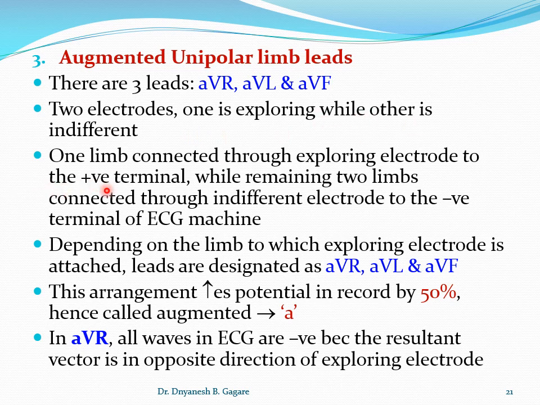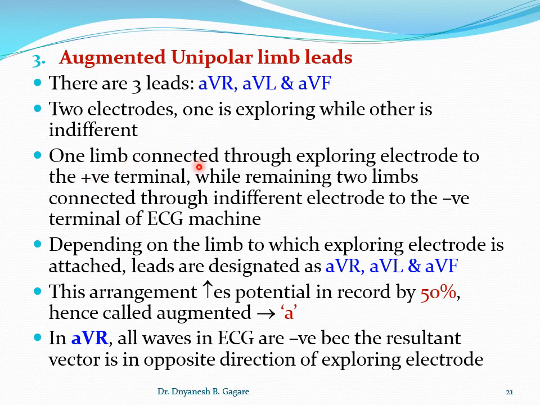Now keep in mind how it is connected to the ECG machine. One limb out of three limbs, what three limbs are there? That is right arm, left arm and left foot. One limb is connected through the exploring electrode to the positive terminal of the ECG machine. So you take any one of right arm, left arm or left foot.